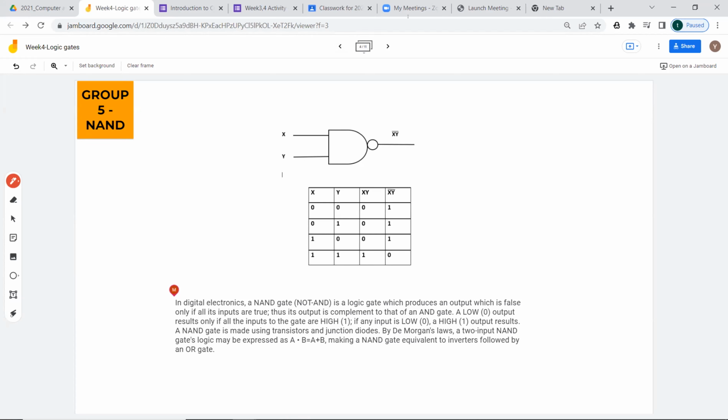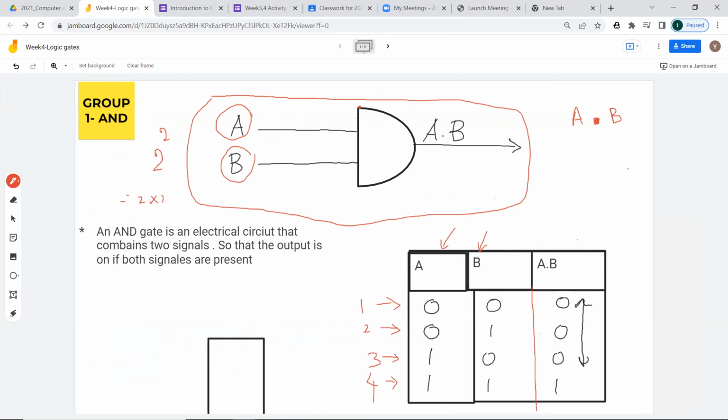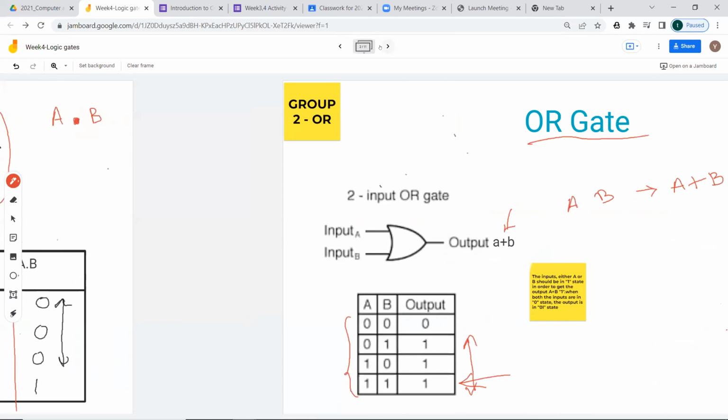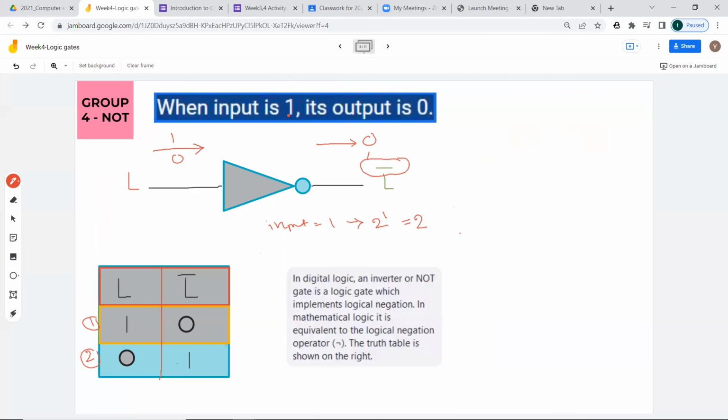So here again we have a composition of two gates. I think you are all aware of the AND gate now, right? And you know about the NOT gate. If I go back to the AND gate, see, this is AND and here you have a NOT.